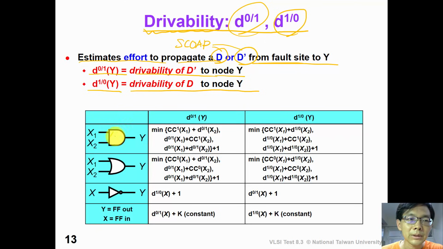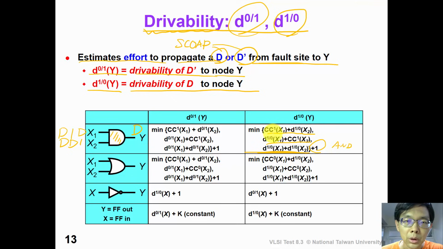For example, for this AND gate, if we want to propagate D to the output, we can have three possibilities, either D1 or 1D or DD. So we take the minimum of three numbers here plus 1, which means the AND gate itself.